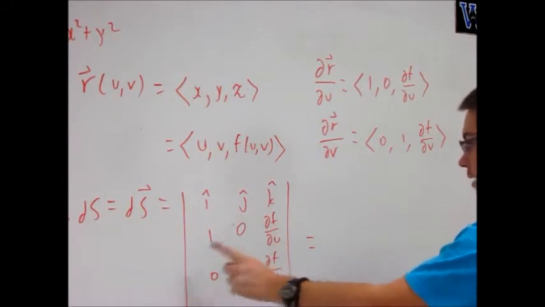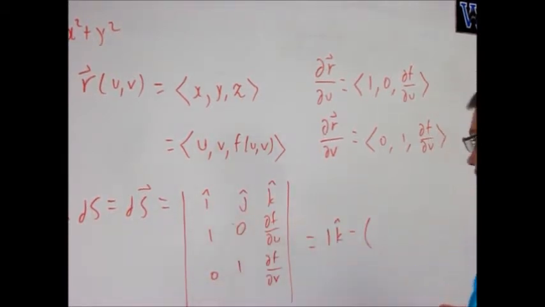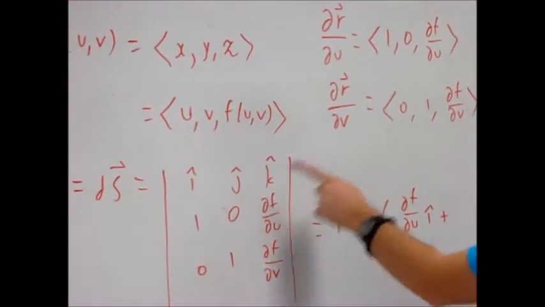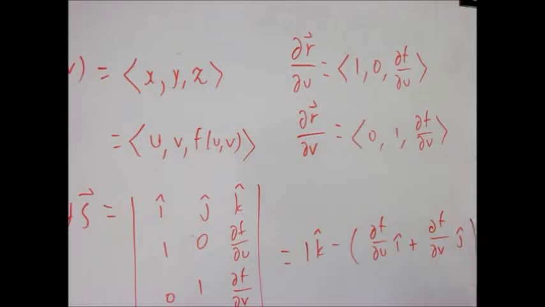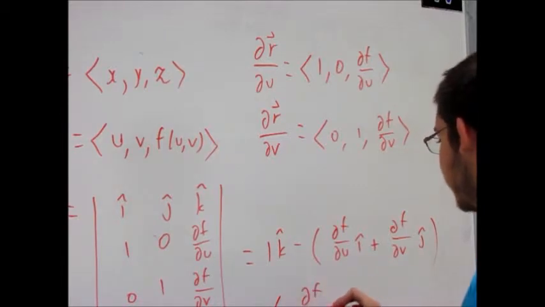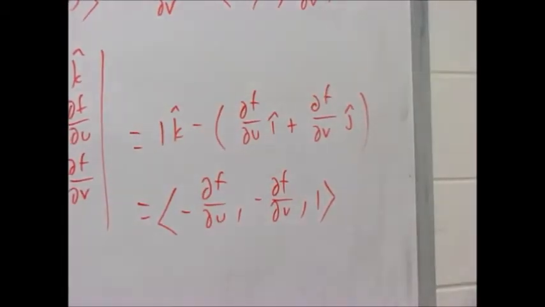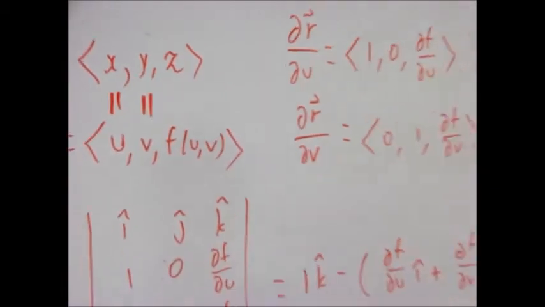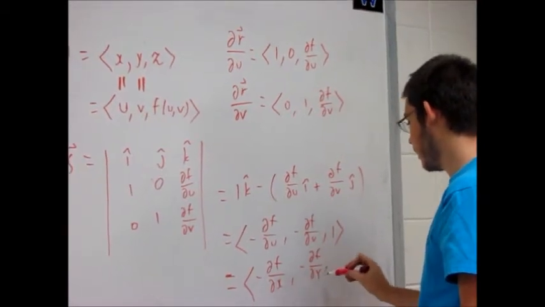So i, 0, j, 0, k is 1 minus 0k, f partial u i plus partial f partial v j, or negative partial f partial u, negative partial f partial v, 1. But of course, u and v are just x and y. So this is negative partial derivative with respect to x, the negative partial derivative with respect to y, and 1.